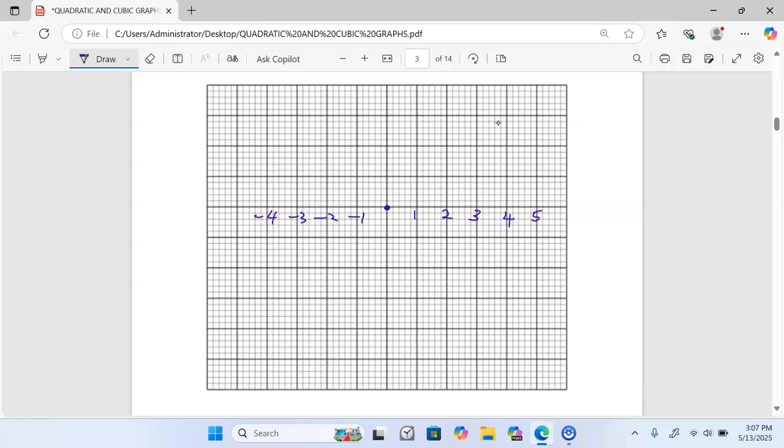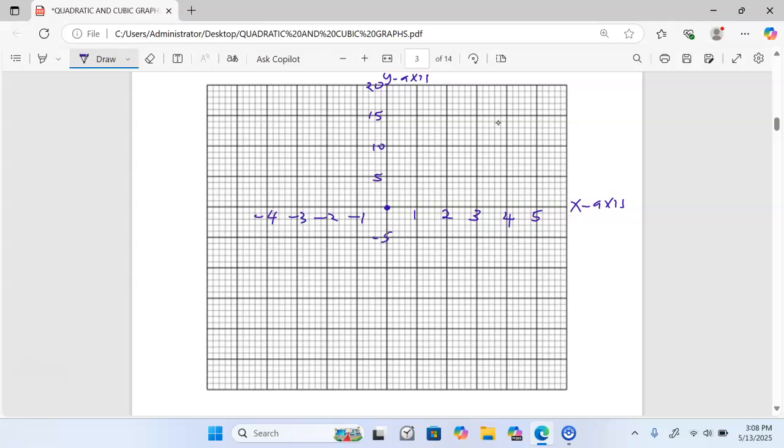Then this is the x-axis, and this one will be our y-axis. We are going to use a scale of 1 centimeter to represent 5 units. This one is going to be +5, 10, 15, and 20.